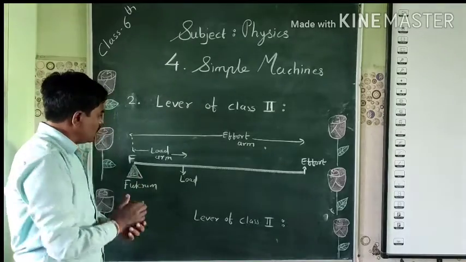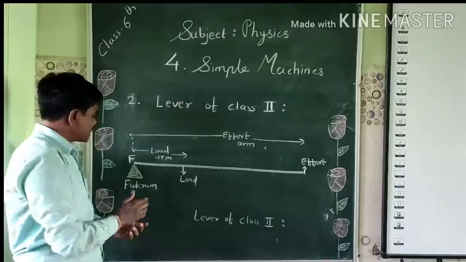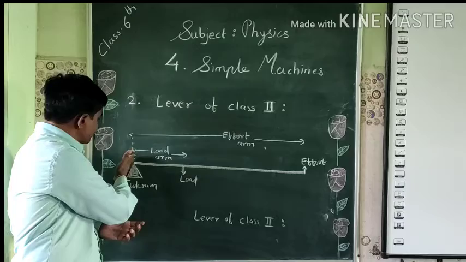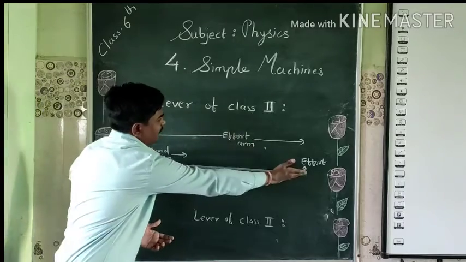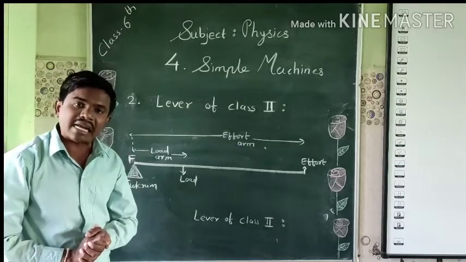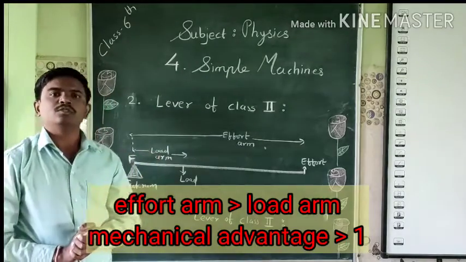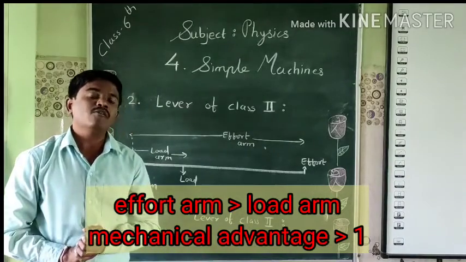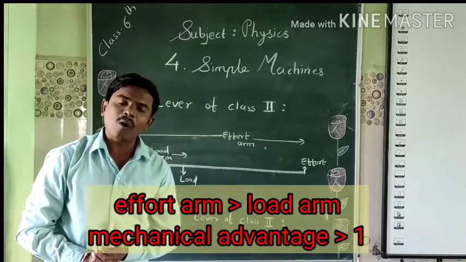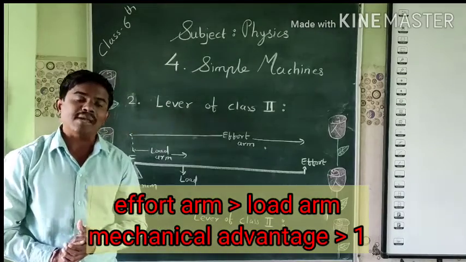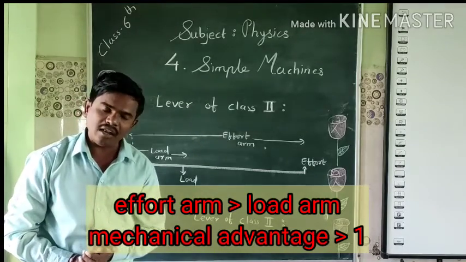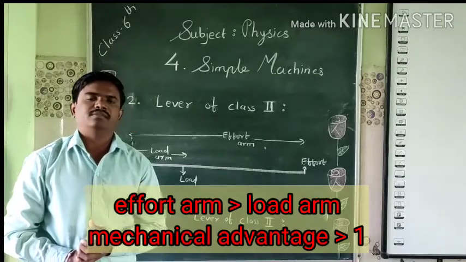Here load arm is the distance from fulcrum to load, and effort arm is the distance from fixed point fulcrum to effort. This effort arm is greater than load arm. So we can say that when effort arm is greater than load arm, the mechanical advantage of lever of class second is always greater than 1.